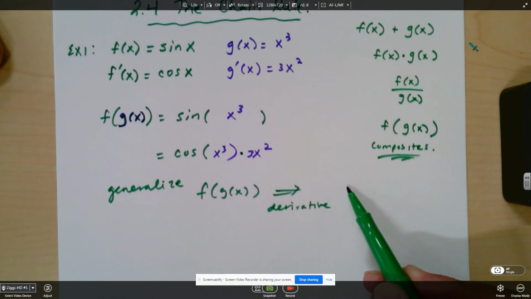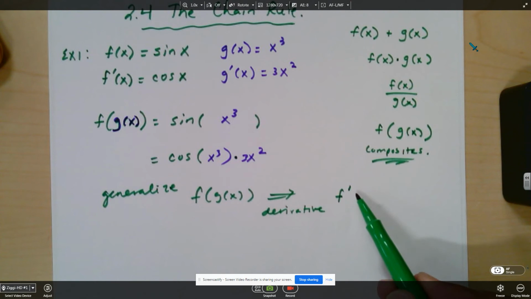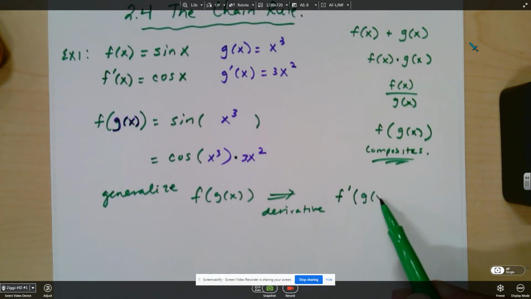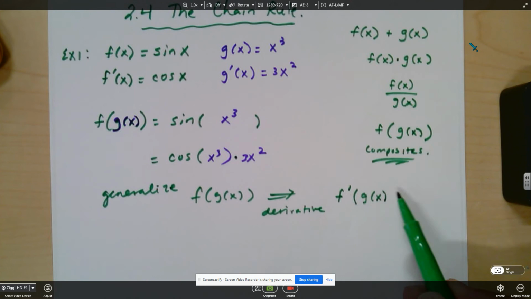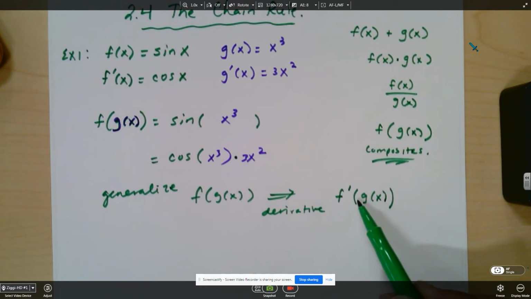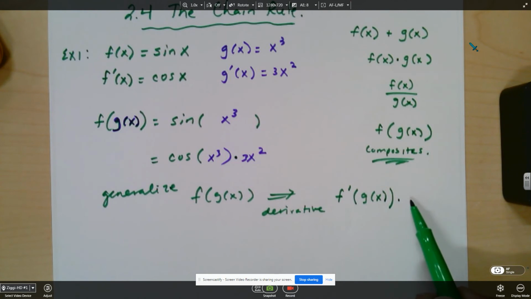You take the derivative of f of x and times the g of x times the derivative of g of x. Okay, the derivative of f of x, not times, but just still composed. And then times it by what? Times the derivative of g of x. Good.